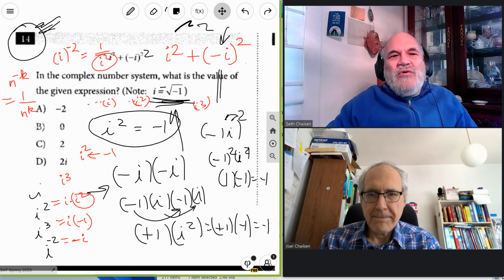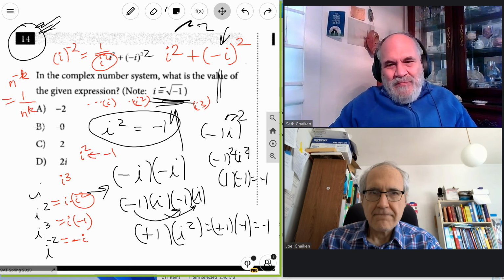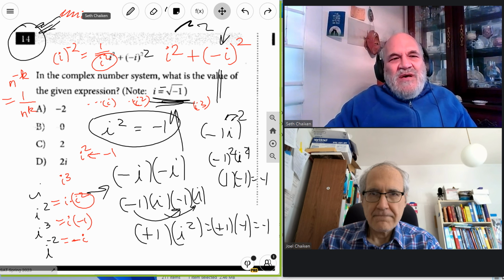And then it all boils down, well, if you have an expression involving addition, subtraction, and multiplication, no division, you'll end up with something like this. Numbers, plus and minuses and all that, you replace all the i squareds by minus 1.